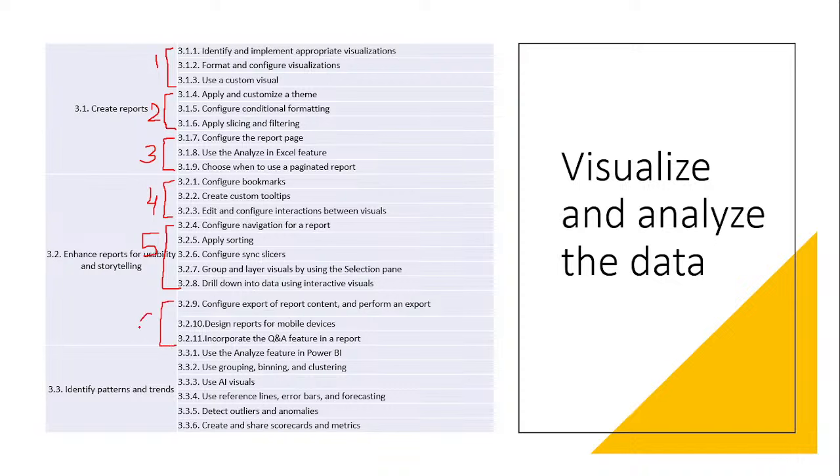This will be in session number 6. Use the analyze feature, grouping, binning, and clustering, and use AI visuals. This will be in 7. And the remaining one will be in session 8. So in total we require 8 dates.